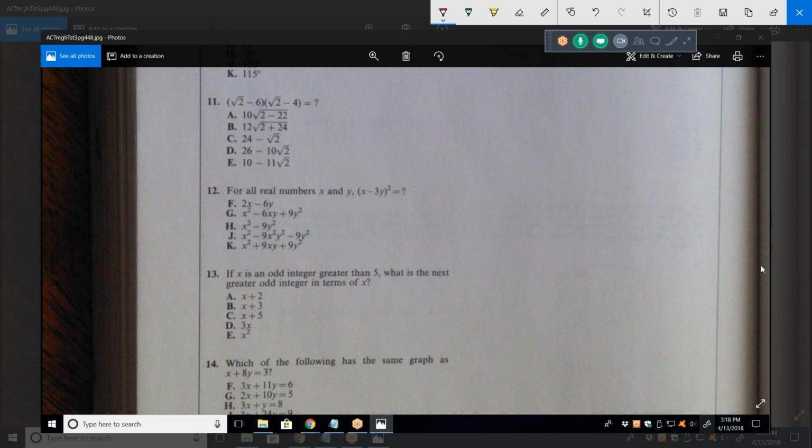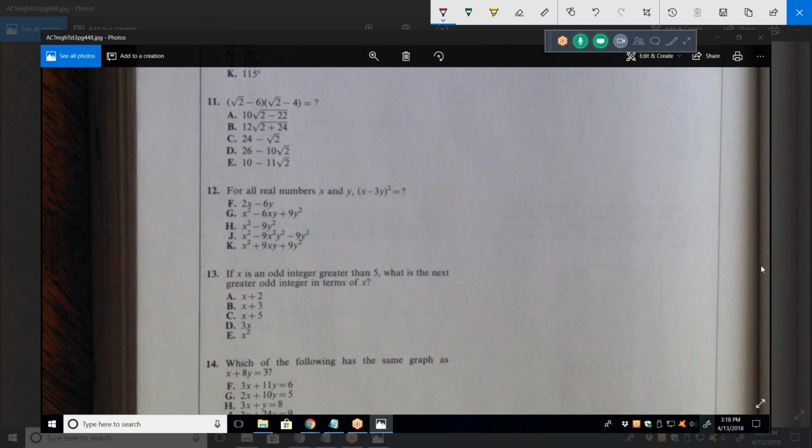13. If x is an odd integer greater than 5, what's the next greater odd integer in terms of x? That's where your terminology comes into play.